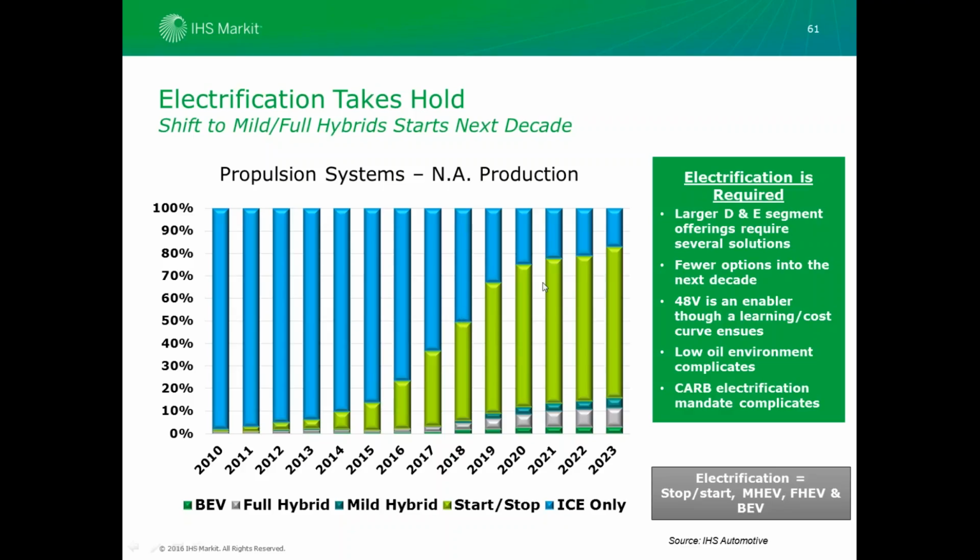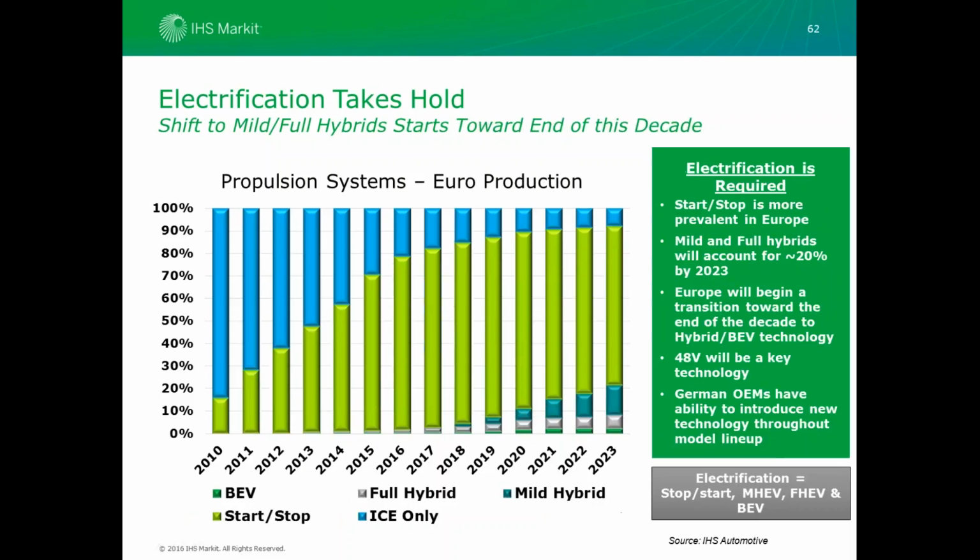You're going to see stop-start really begin to take off, and then the battery and hybrids really beginning to take off at the beginning of the next decade. Now, stop-start is important because that requires electrification, whether it's the 48-volt type system or other type of vehicle electrification. So again, something the aftermarket needs to be preparing for.